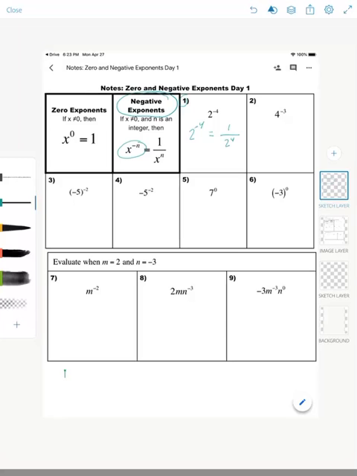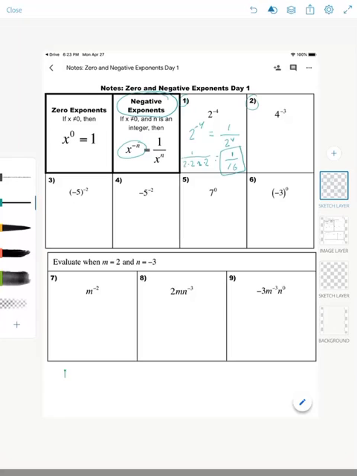Now we could take that 2 to the 4, and now that makes sense to repeat it 4 times. That is the same as 1 over 2 times 2 times 2 times 2, which is 1 over 16. And that would be our final answer.